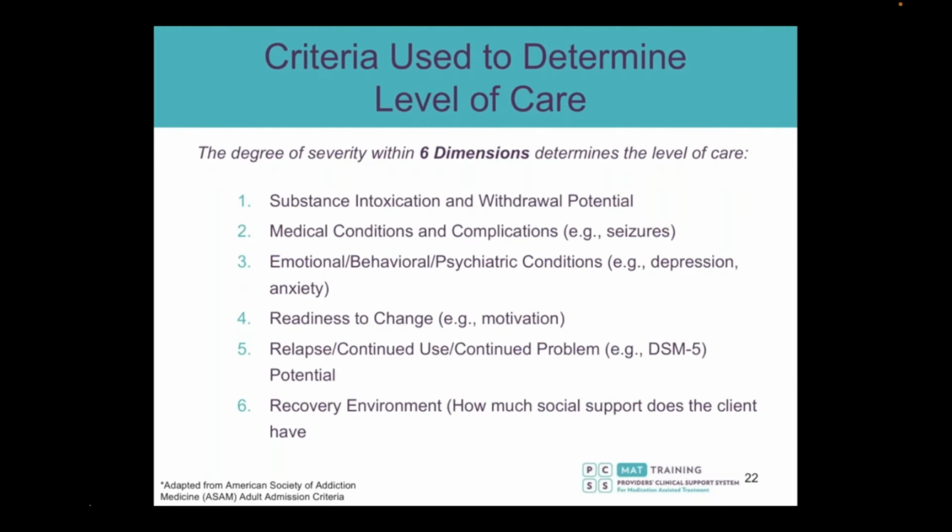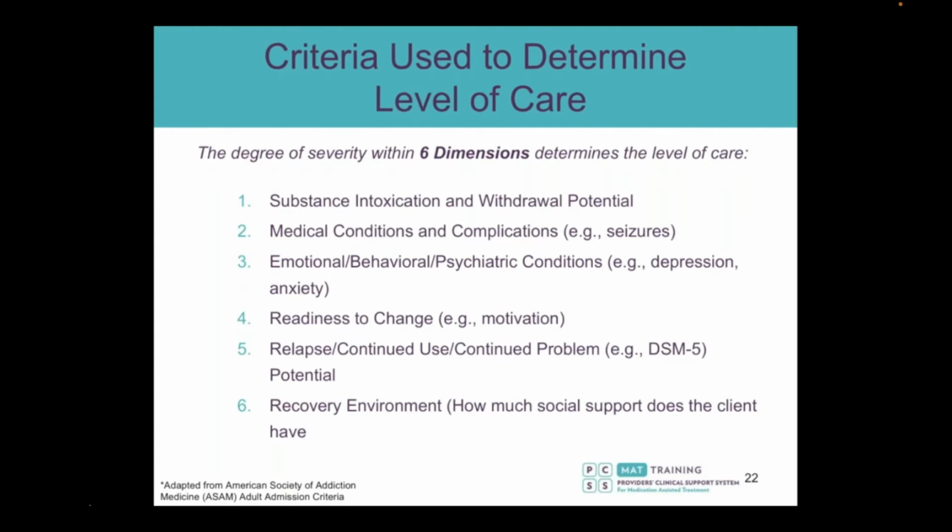But for our purposes, it's helpful to know that we need to take into consideration the degree of intoxication or withdrawal potential of the patient, other medical conditions and complications, emotional or psychiatric conditions, as mentioned previously, their readiness to change, i.e., their motivation, the potential for relapse and continued use, and the recovery environment, how much social support exists for this patient.